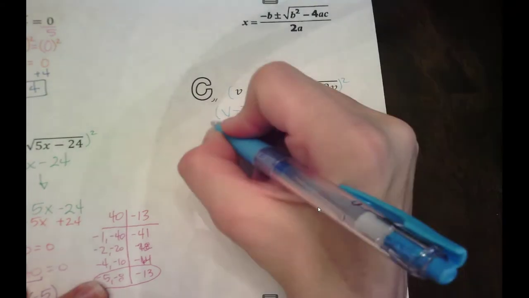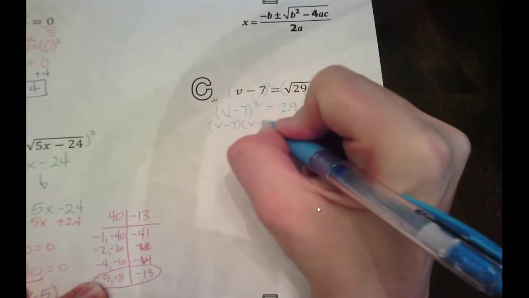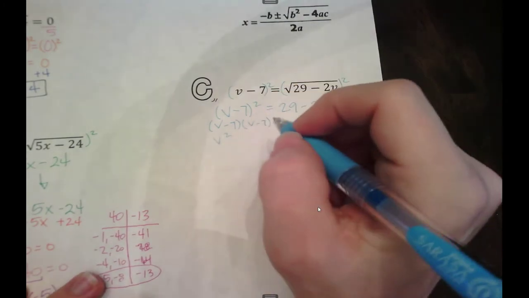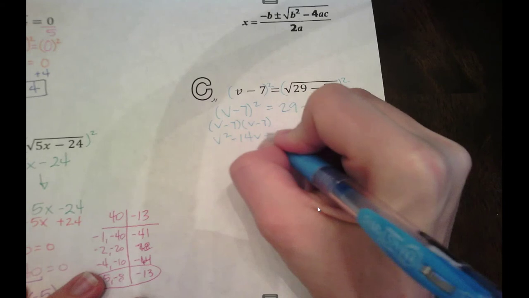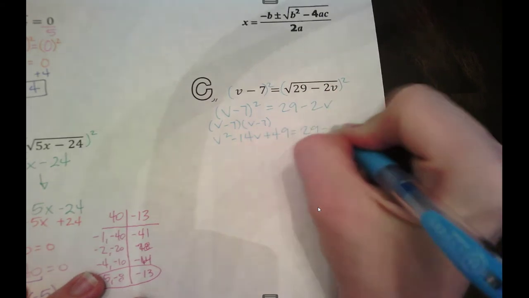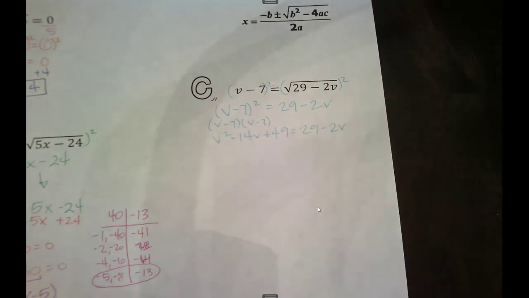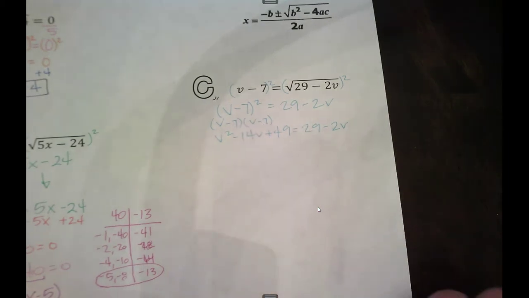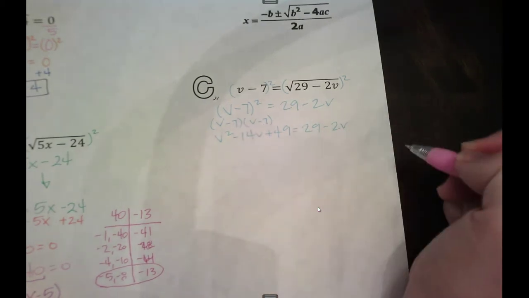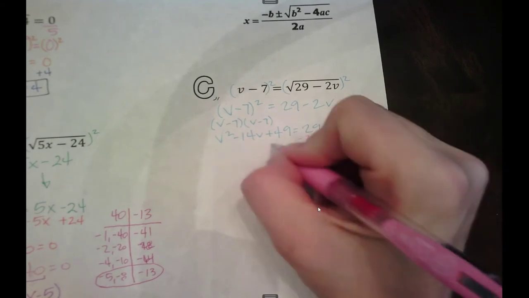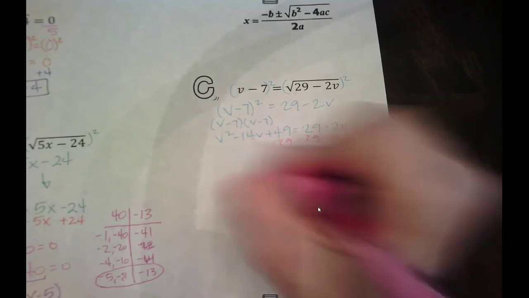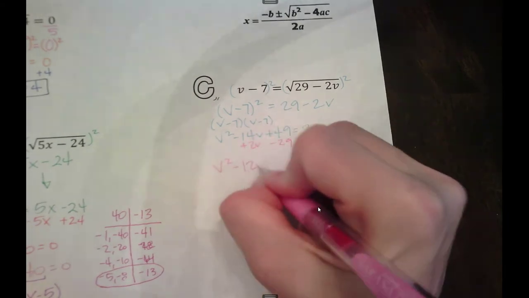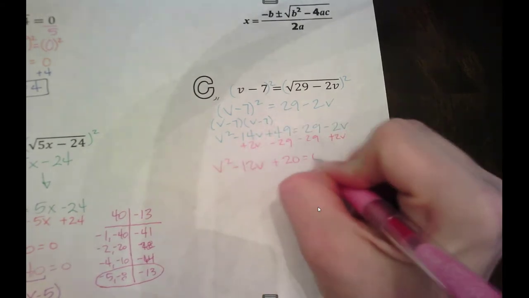All right, this really is v minus 7 times v minus 7. So v squared minus 14v plus 49 equals 29 minus 2v. I didn't do all of the math out on my paper, but I just FOILed it and combined like terms like always. I'm going to move all of these to one side. So minus 29, add 2v, plus 2v. v squared minus 12v plus 20 equals 0.